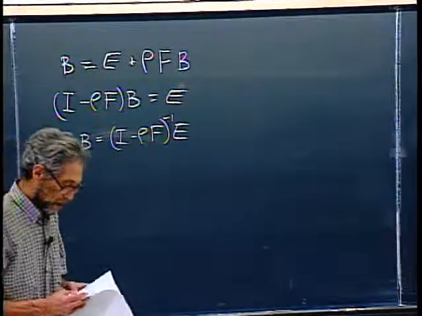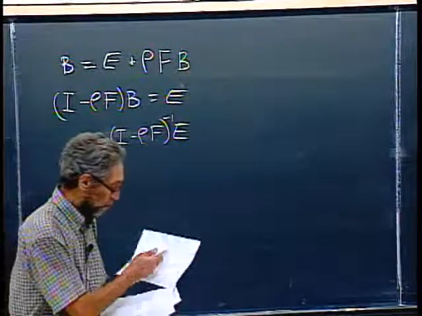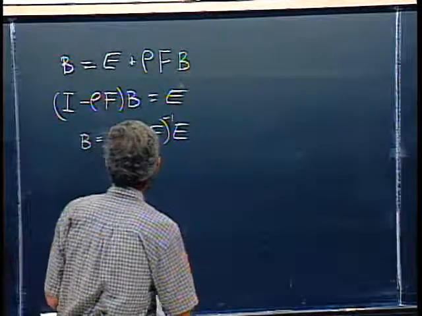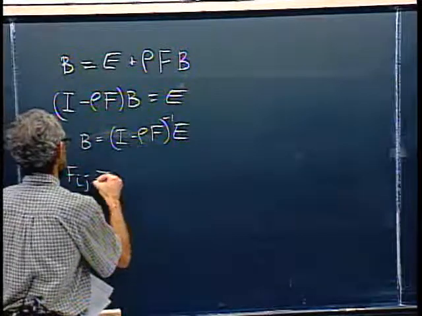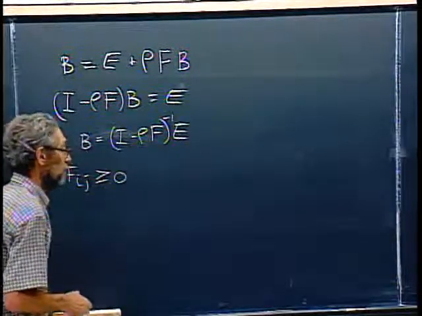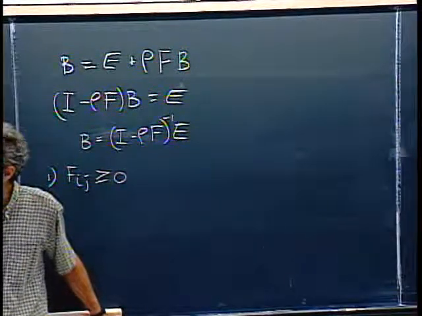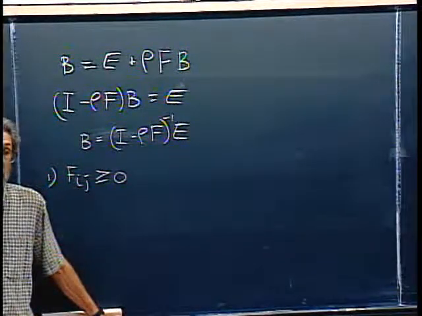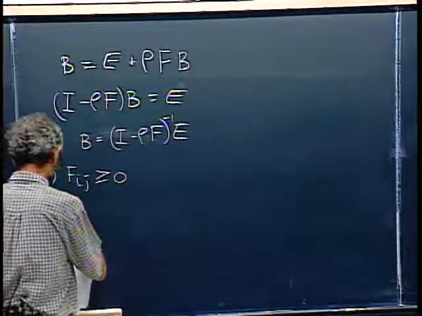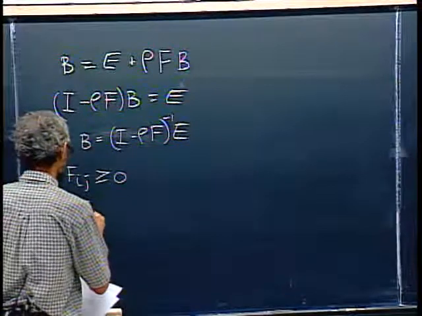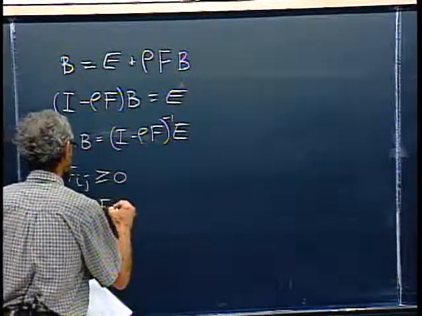to explain why those iterative methods work, I need some properties of the form factors, and these are the properties in the book. Property 1 is Fij is greater than or equal to 0, right? Because this k thing that we're integrating is, it's way over on that other board, but all the terms are non-negative. And number 2, it says the sum over all j of Fij.